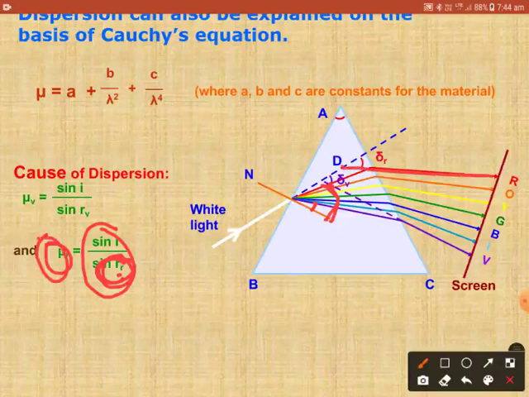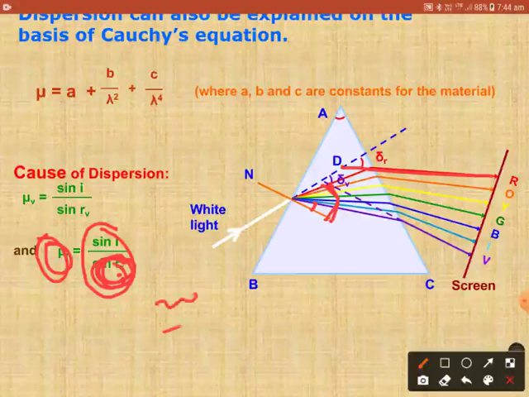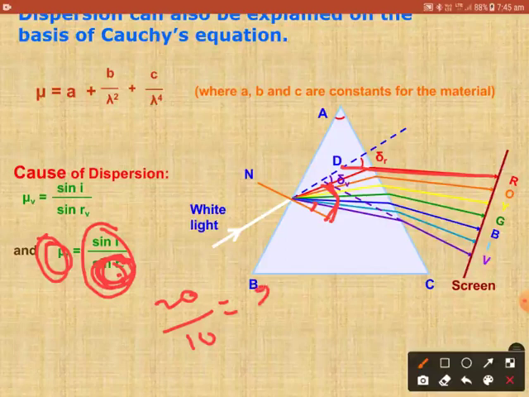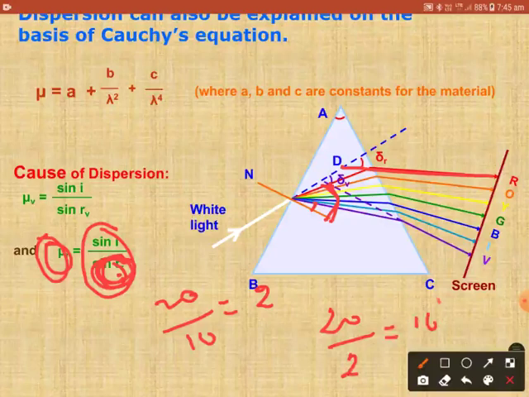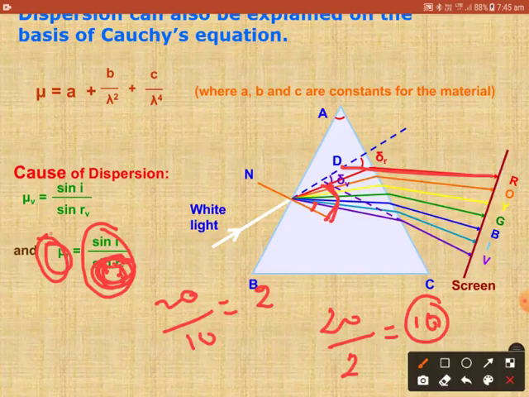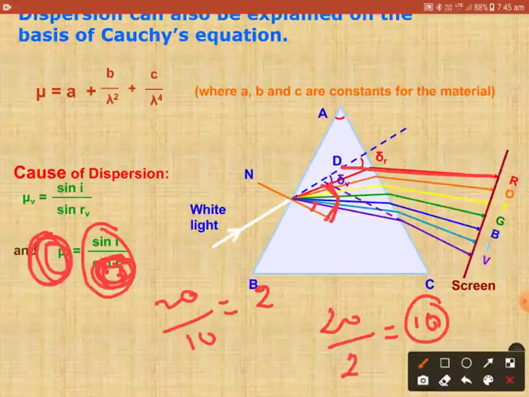Can you get my point? If you divide 20 by a big quantity, then the quotient will be small. If you divide 20 by a small quantity, then the quotient will be very large, right? So if the angle of refraction for red color is very large, then mu r will be less. That is what we are getting here.